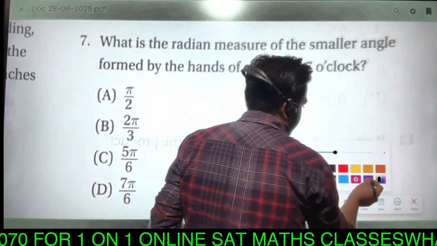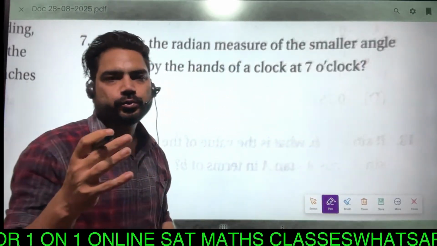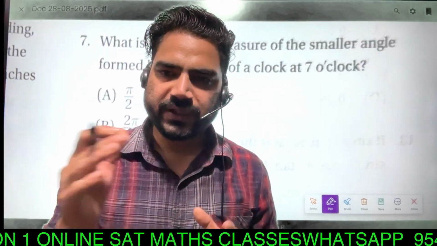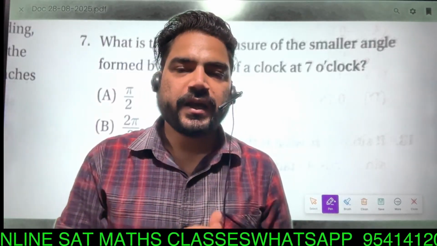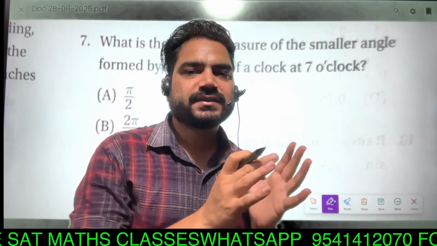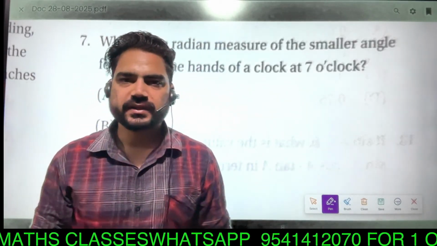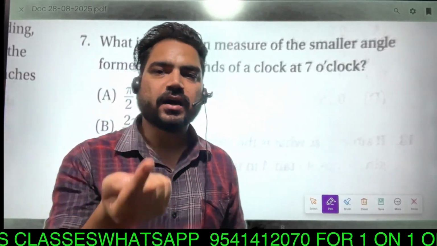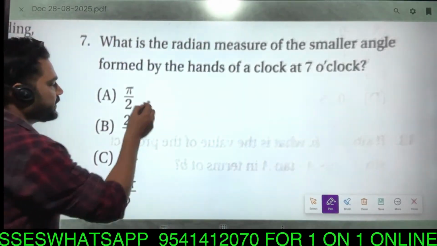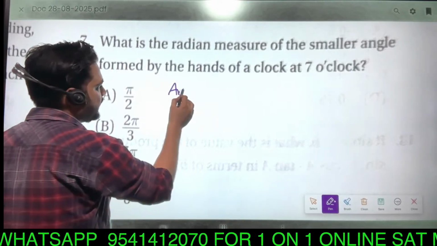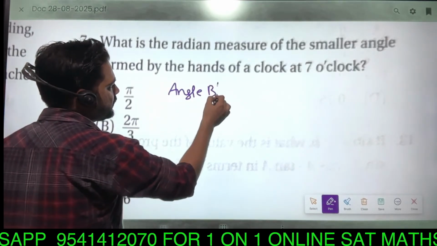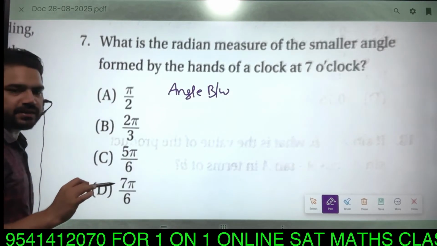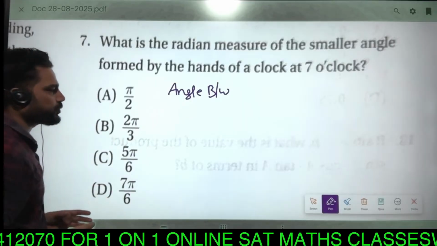See, whenever in a clock we have two hands, one is the minute hand and one is the hour hand. Now if you tell me the exact time on the clock, we can find the angle between the minute hand and hour hand directly. So we can apply this shortcut and solve this question in 10 seconds. But I have to tell the shortcut first.